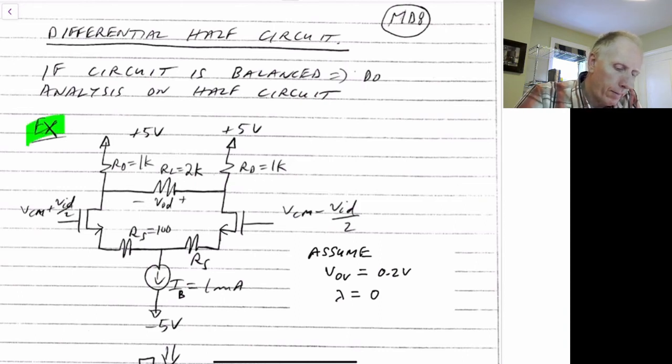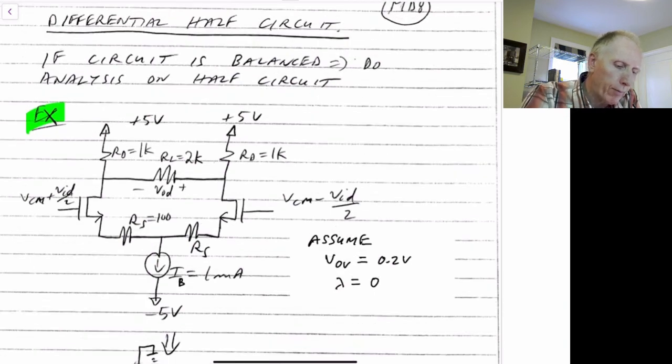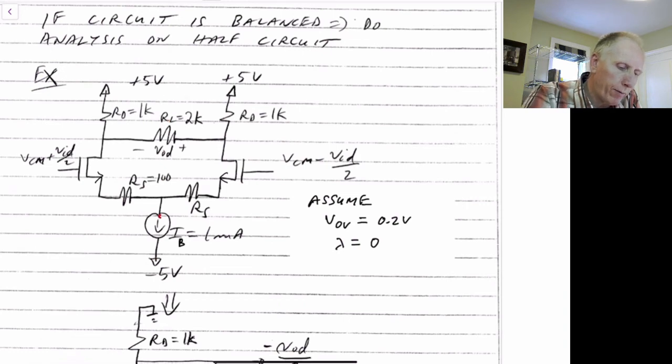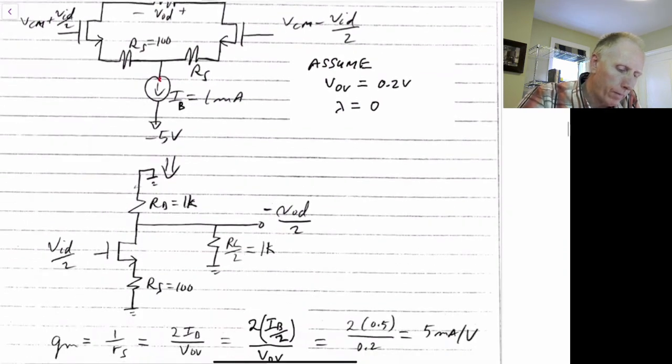If we need to draw a half circuit for this, because everything's symmetrical, if we draw a line right down the middle here, we have nice symmetry. So to draw the half circuit for this, we'll have this circuit down below here, which is the half circuit.